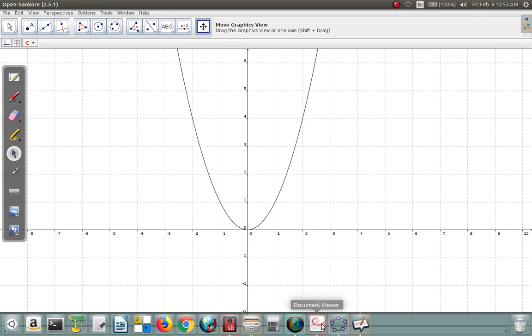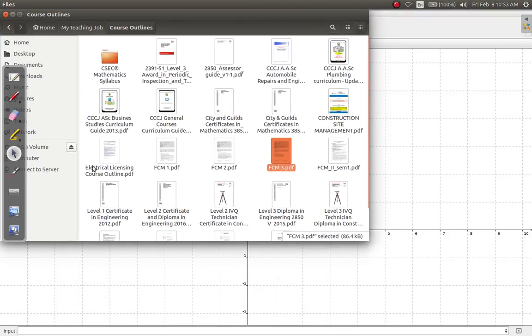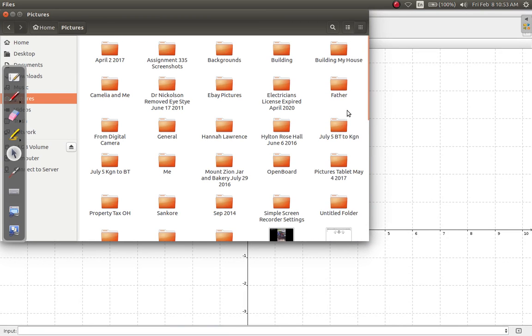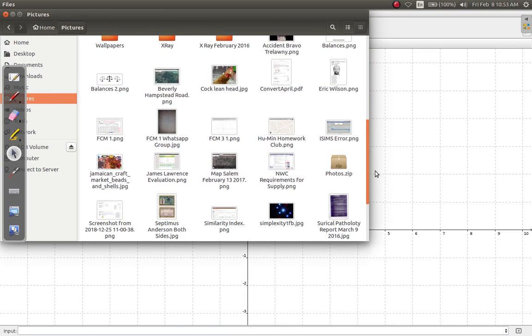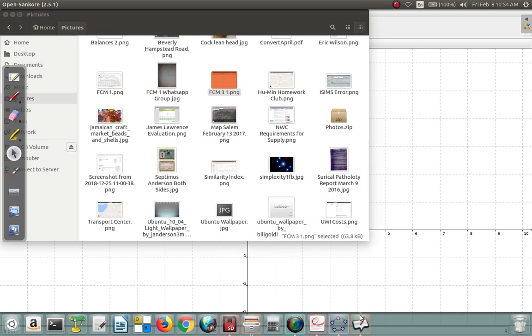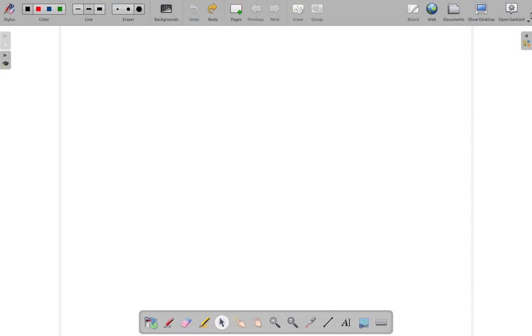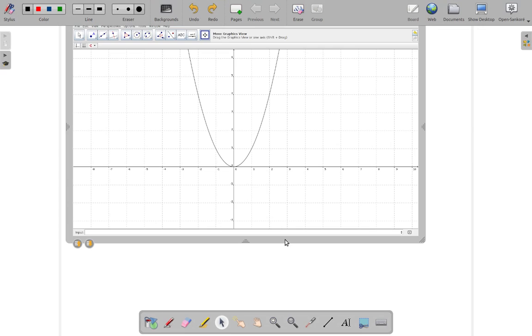I want to find back the file that I had saved earlier. Now, let me go back here and paste that.